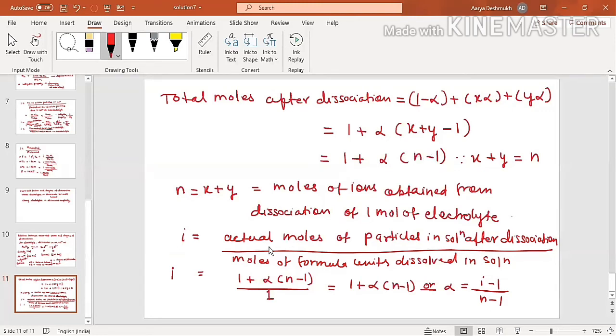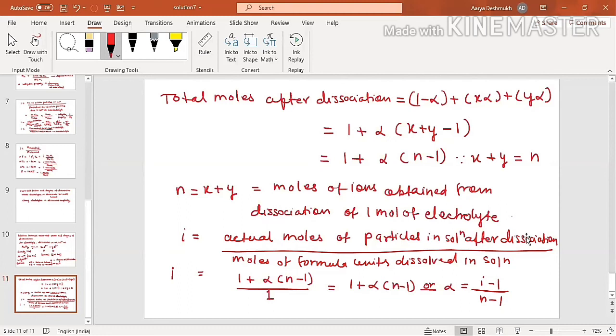So now i is nothing but the actual moles of particles in solution after dissociation divided by the moles of formula units dissolved in solution. That is 1 plus alpha into n minus 1. Where is this 1 plus alpha? This is your 1 plus alpha n minus 1. So you will substitute for this.